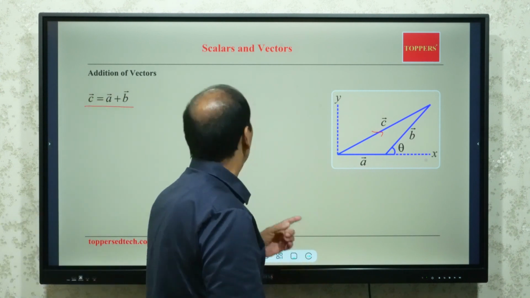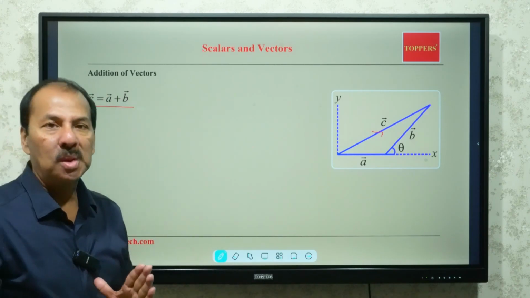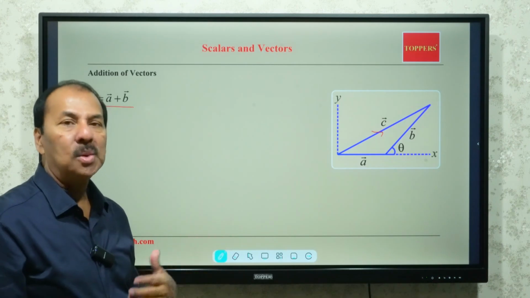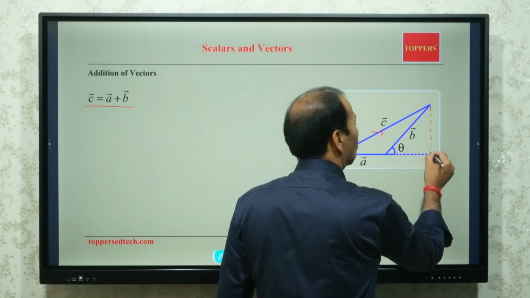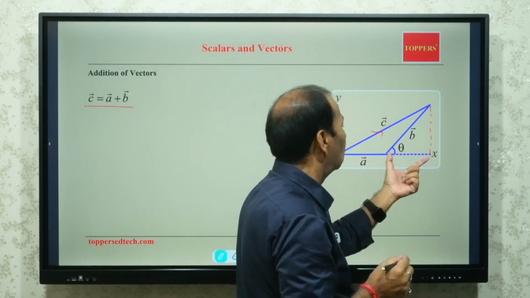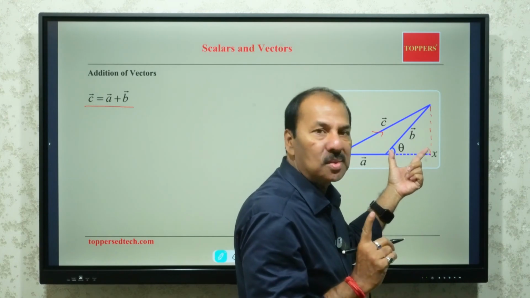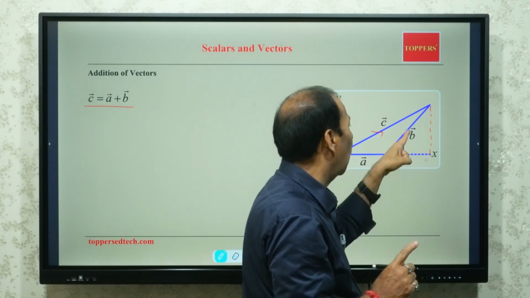So here, to calculate the magnitude of this vector, we will resolve the vector. Just now we have seen how to resolve a vector: drop a perpendicular from here. Now this is B. It makes angle theta with this axis. So taking cos theta here, cos theta is base upon hypotenuse.